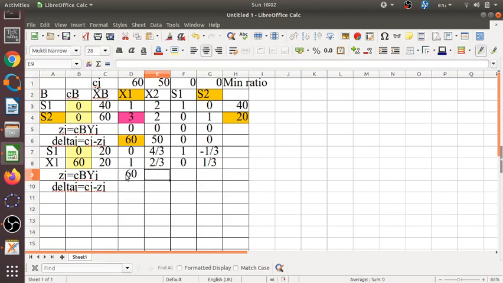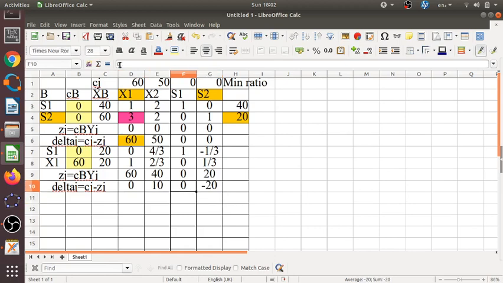The second one will be 0 into 4 by 3 plus 60 into 2 by 3, so it's 40. That way this will be 0, this will be equal to 20. If you subtract, delta j, cj minus zj, this will become 0, this will become 10, this will be 0, and this will become minus 20.